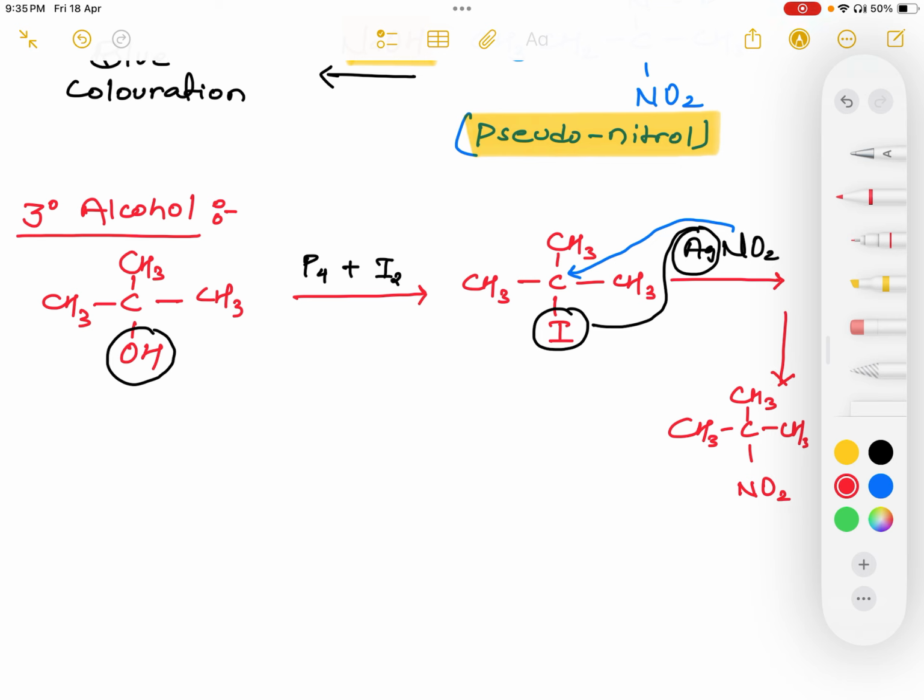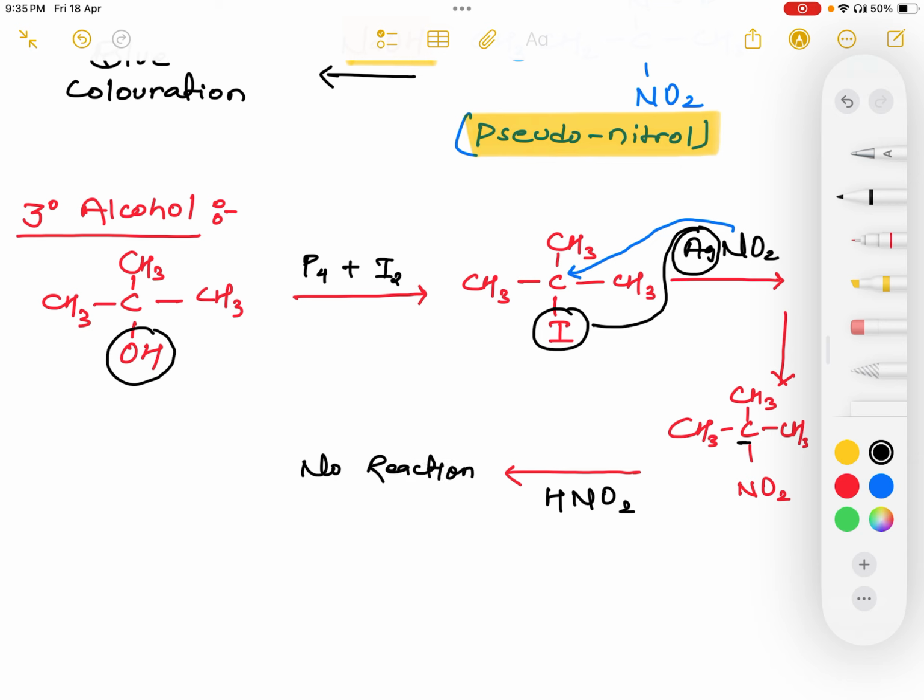The last step we need to treat it with HNO2. And as we don't have any hydrogen attached with this carbon, no reaction takes place further.